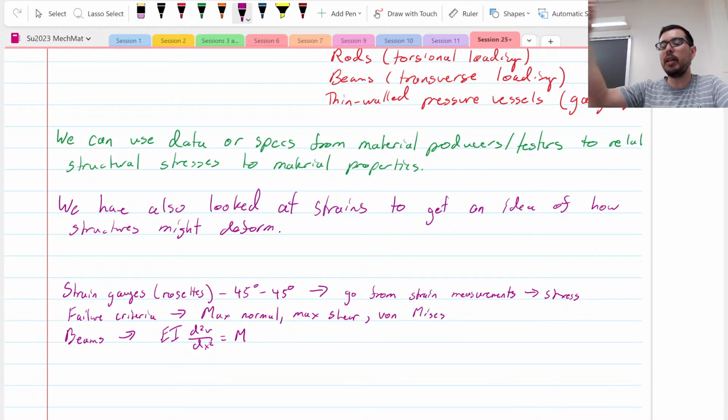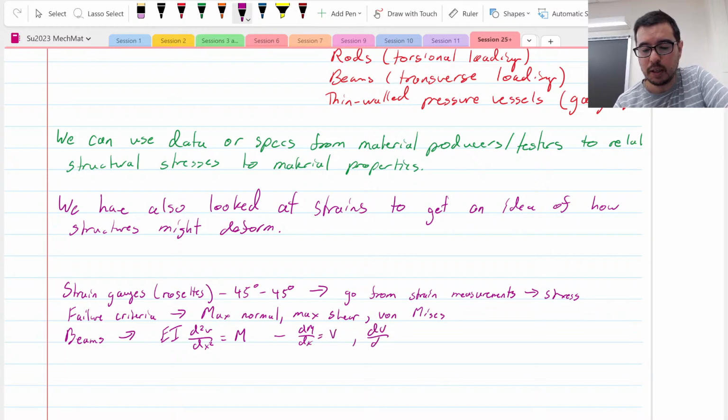But more importantly, we probably need to know that dM/dx equals V is still truth, dV/dx equals w. Those are still truth, right? This combination is very important. So dM/dx equals V, and dV/dx is equal to w.